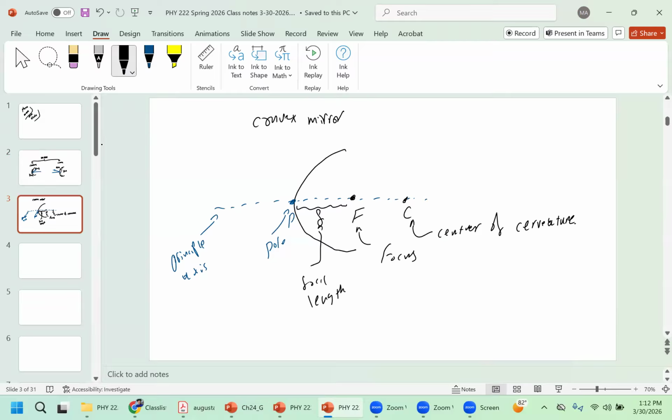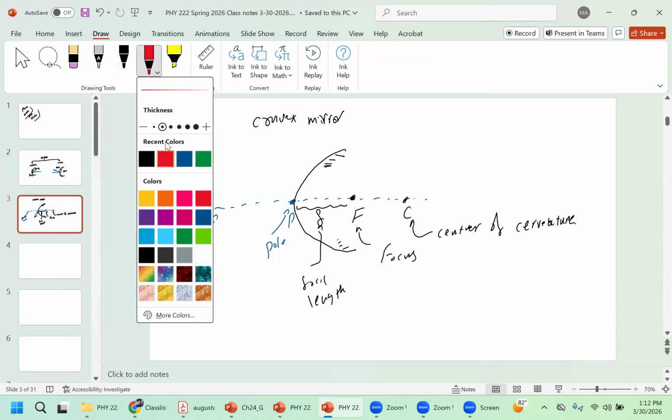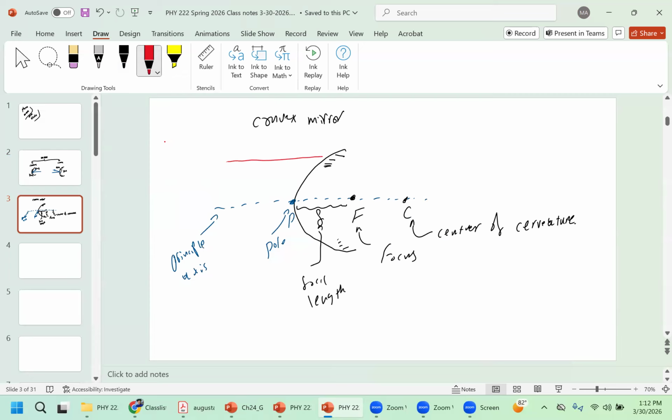And in a convex mirror, this side is your dull side. Your rays come in, and because of the normal, it goes in toward the focus. I didn't draw this like last time, so I just wanted to remind everybody of that.